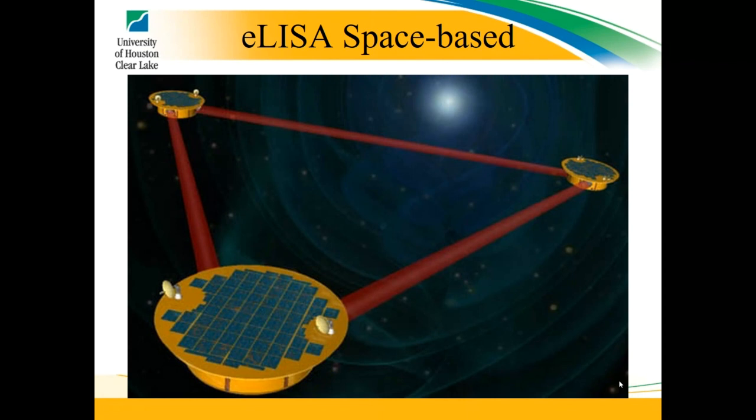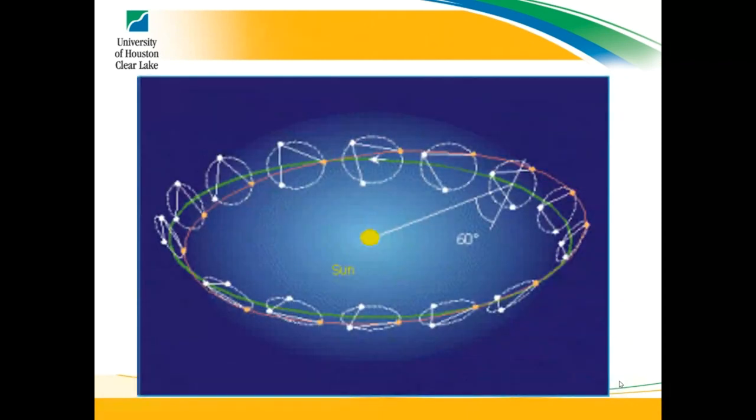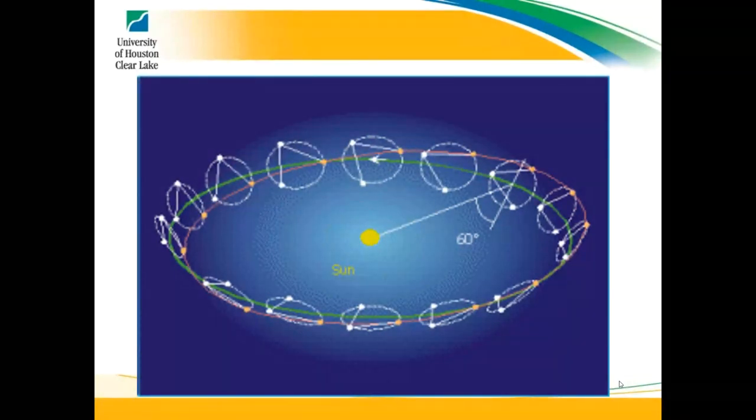Another thing about being in space is that you don't have the whole problem with geological noise, so you can go to lower frequencies than any of the terrestrial observatories. Basically, it will track behind the Earth by about 20 degrees, and follow the Earth in its orbit around the sun.